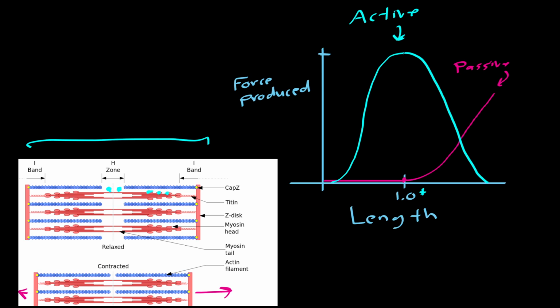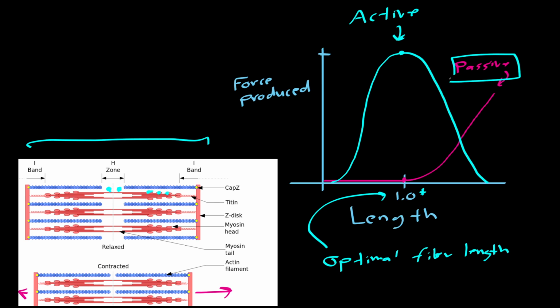So you would expect some optimal amount of overlap between the actin and myosin filaments. And whatever that optimal overlap is, we have a special name for that, and we call it the optimal fiber length. And it's very interesting that that optimal fiber length happens to coincide with the length of the muscle fiber at which the passive forces start to become a factor.